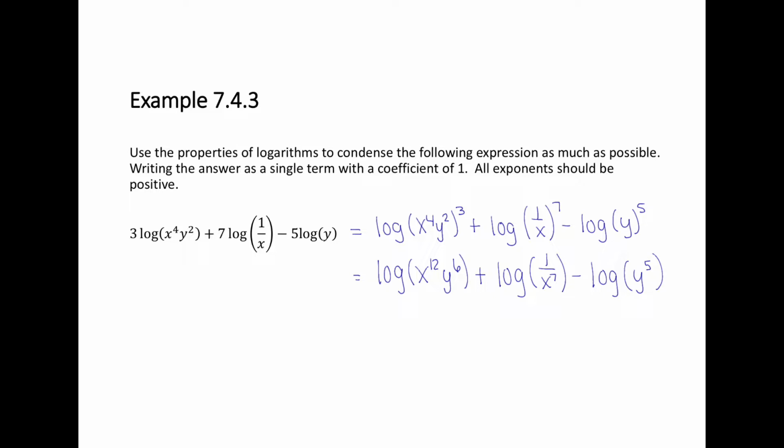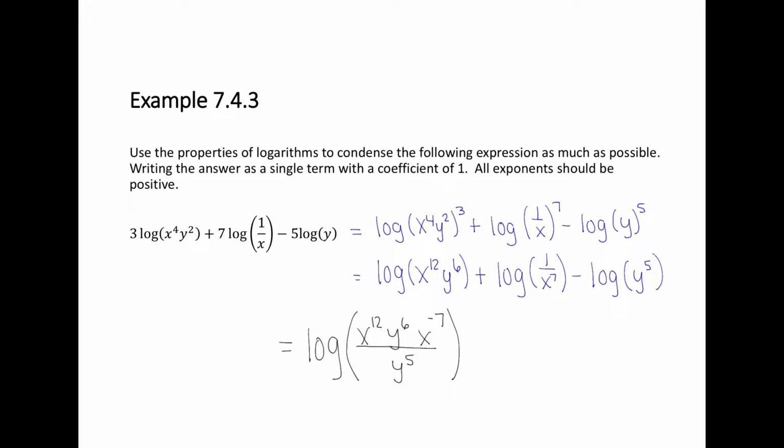Now I am going to combine this into a single logarithmic expression using a combination of the power rules and the product rules and the quotient rules. So this can equal 1 big log base 10 of a fraction, and I have an x to the 12th, a y to the 6th, and x to the negative 7, and then on the bottom a y to the 5th.